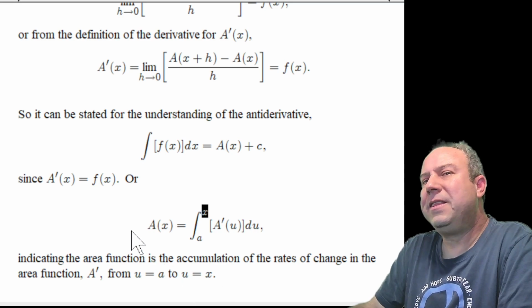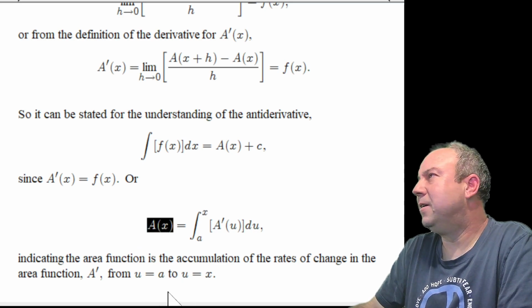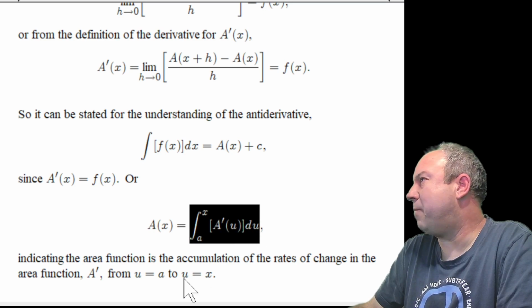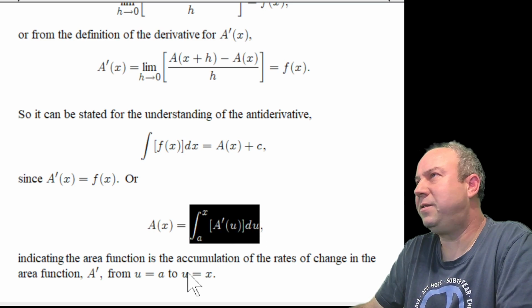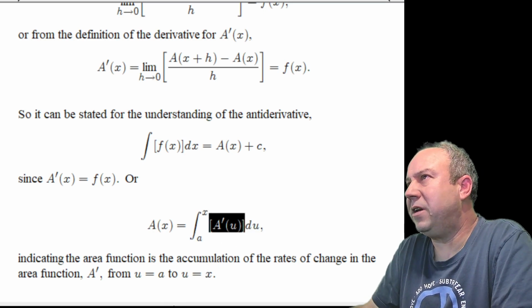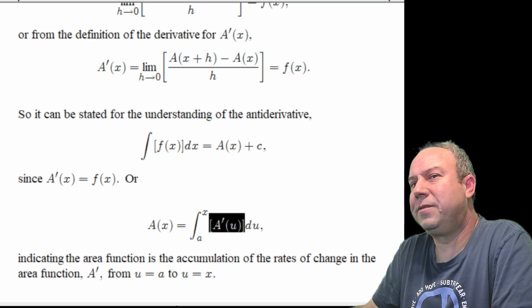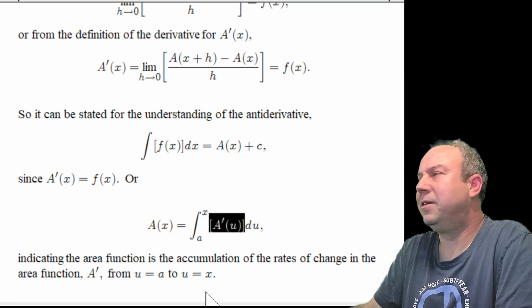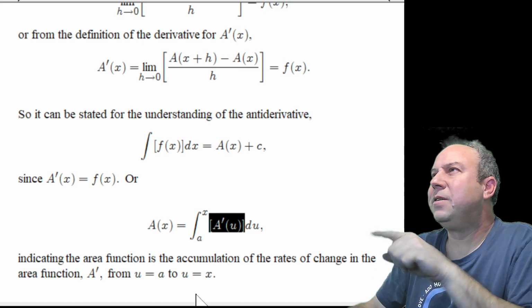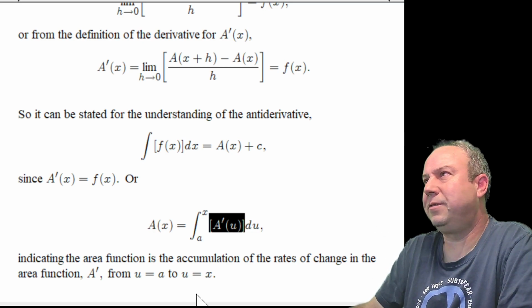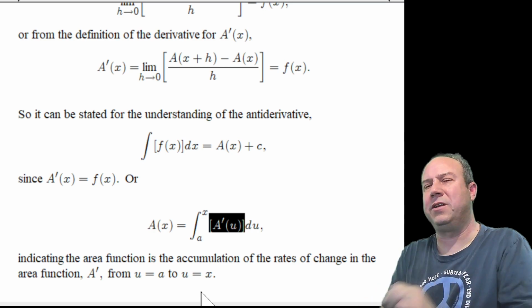Right? This is connecting the antiderivative operation, the definite integral, to its derivative. Or connecting the derivative to the definite integral calculation, which is really what we want to do.